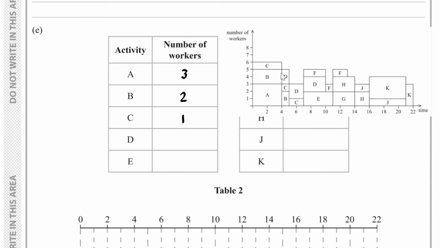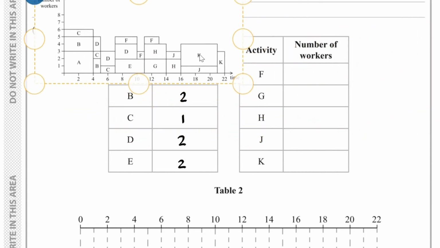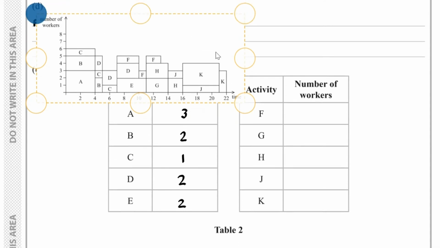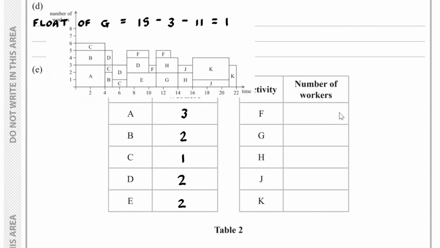If we take a look at D, what you can see here is D requires 2 workers. If we take a look at E, that requires 2 workers. Now if I take a look at F, F requires 1 worker.